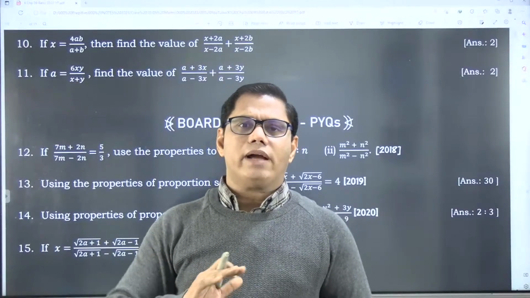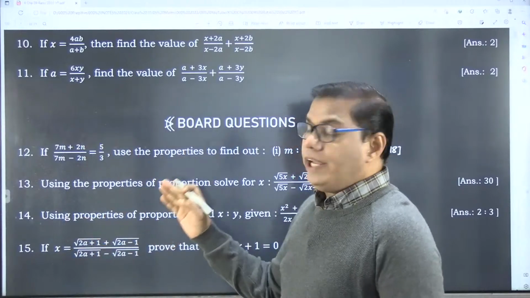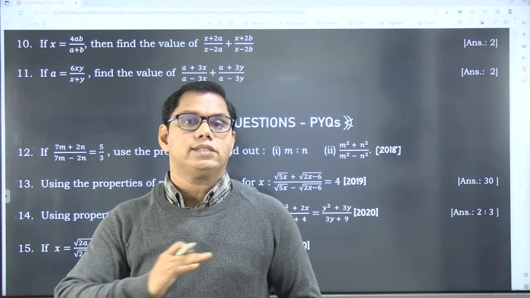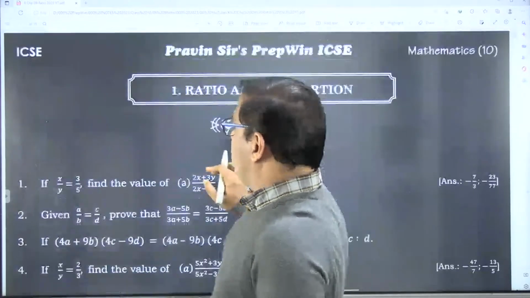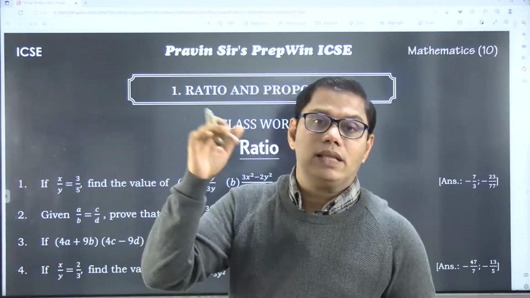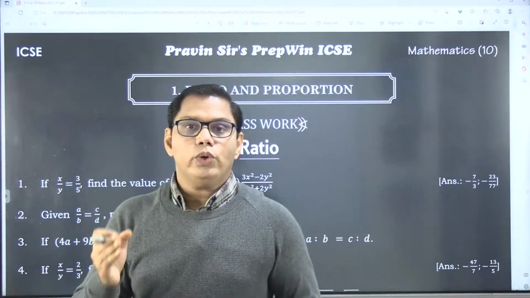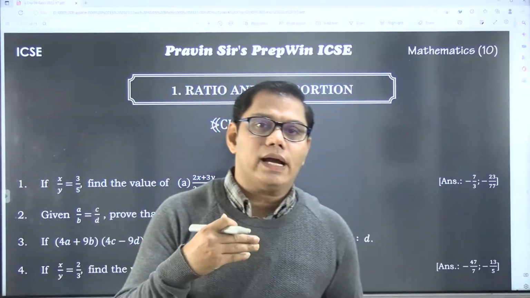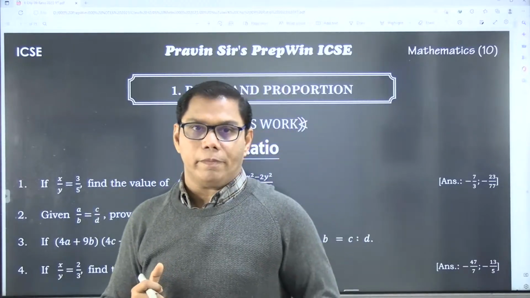We are not going to take many questions. We are going to take only 15 handpicked questions, and I can assure you that these 15 questions cover the entire chapter, ratio and proportion. Don't worry, I'll share this PDF in the description box once my class is over, so you can use it for revision, or even take a printout so that you can revise from time to time.